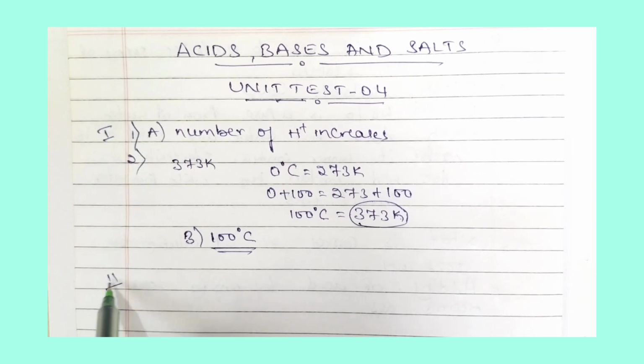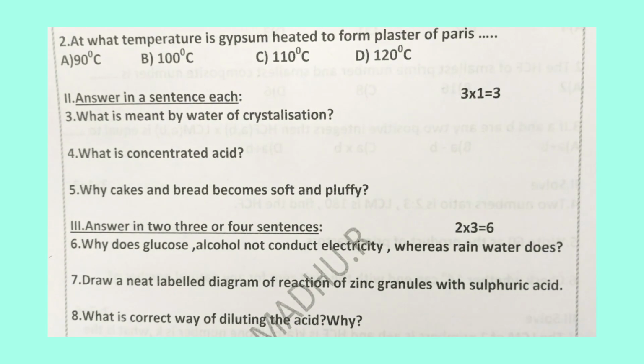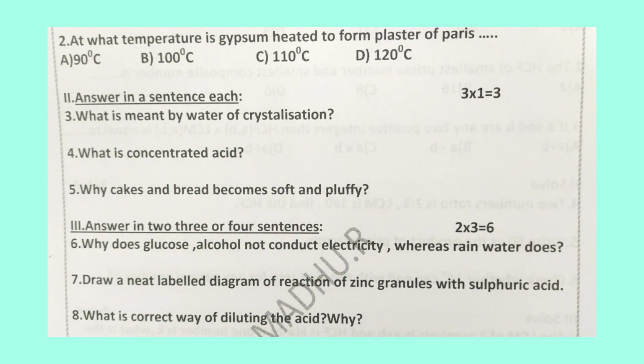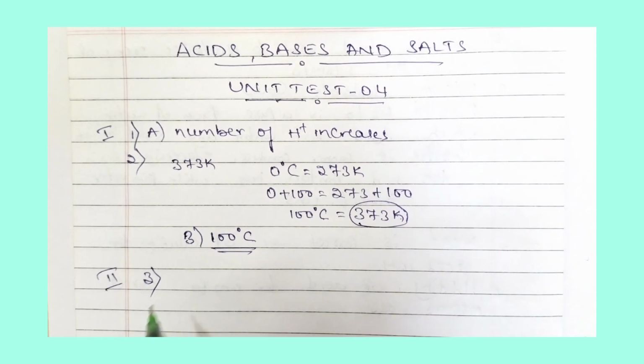Now let us move to the second main, that is question number 3. Second main question number 3 is, what is meant by water of crystallization? So what is water of crystallization?